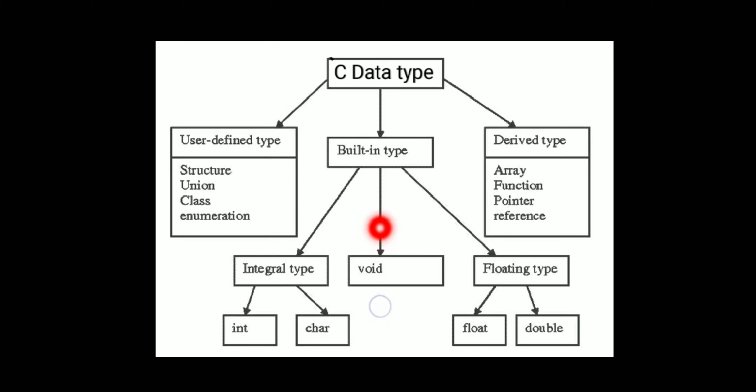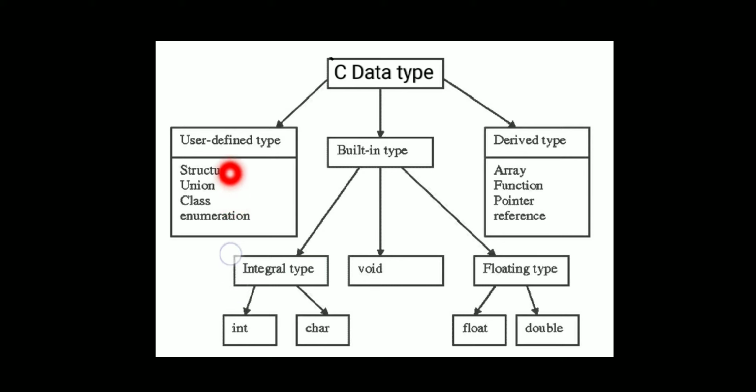Here another built-in data type is there, that is void. Void means it doesn't return anything. And the user-defined data type can be classified into structure, union, class, enumeration. These are types you can discuss in further classes.